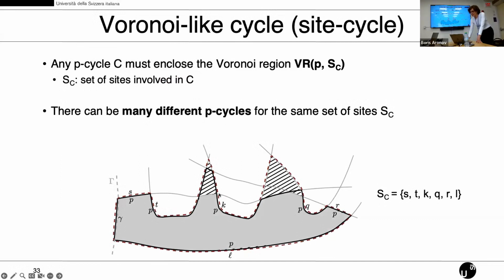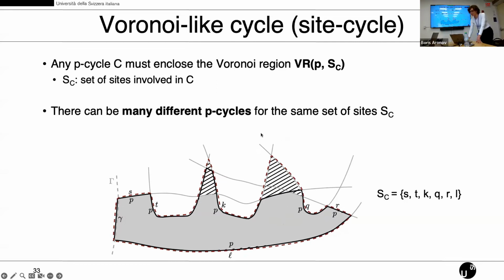Any such Voronoi-like cycle must enclose a Voronoi region. Here in this arrangement, the gray is the Voronoi region of P when we consider these sites. But this red dashed line is a Voronoi-like cycle. There can be many Voronoi-like cycles, and they all enclose this gray Voronoi region.